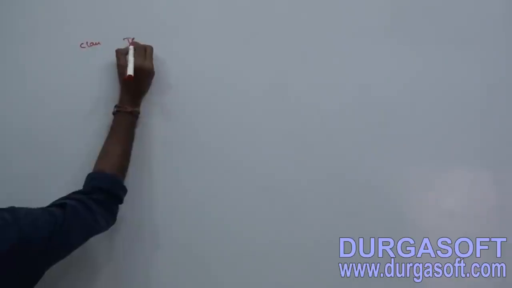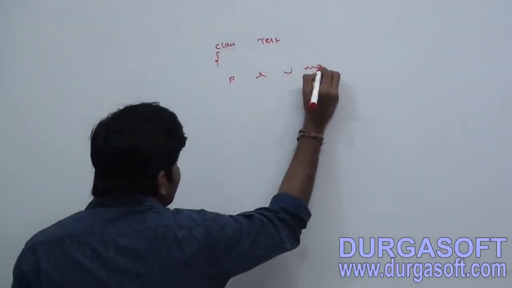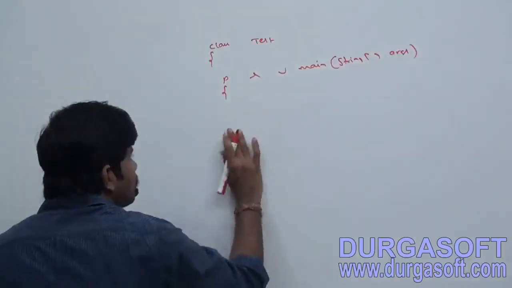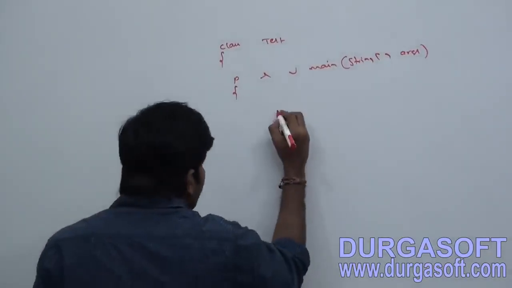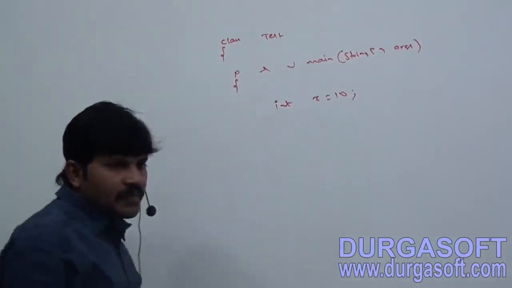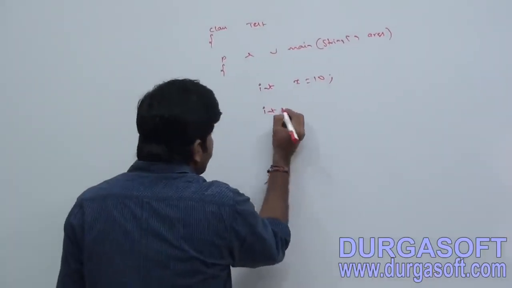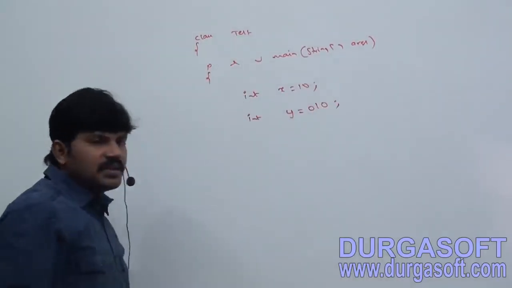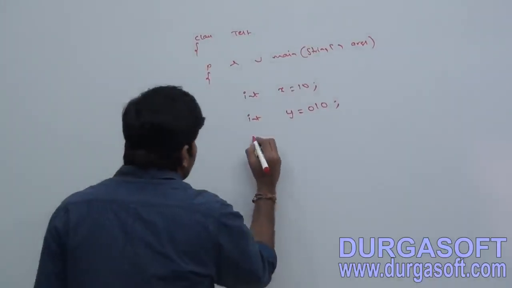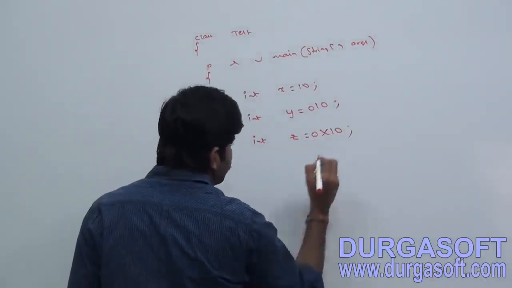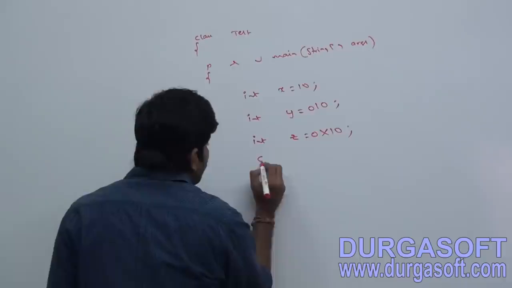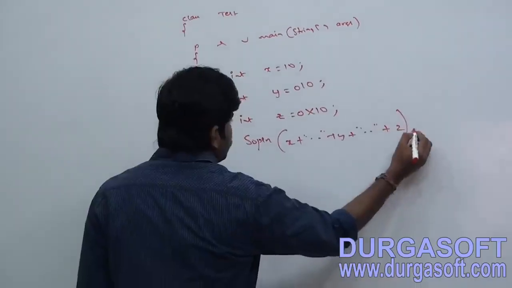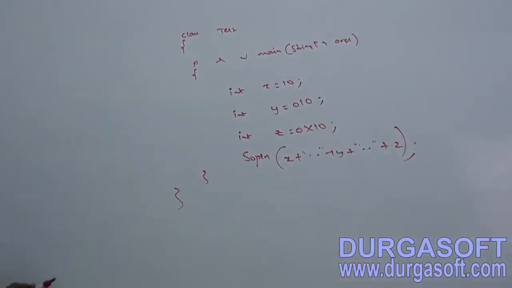I am taking class Test, executable code only, your knowledge is enough to answer this one. public static void main(String[] args), int x is equal to 10, int y is equal to 010, int z is equal to 0x10, System.out.println of x, y, z, like this.